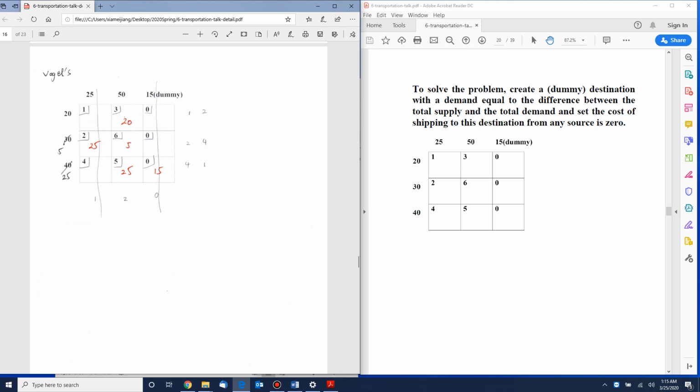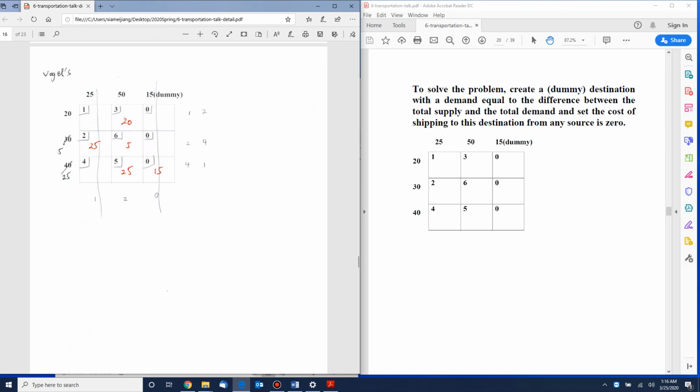So we use Vogel's method: the largest difference is the third row, where the difference is 4. Now when we look at this, the 0 is the cheapest price, so we put most here, 15, and 15 is what we need here in the destination.